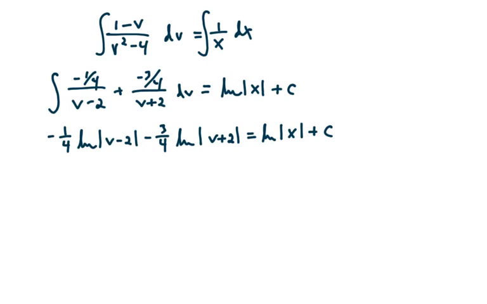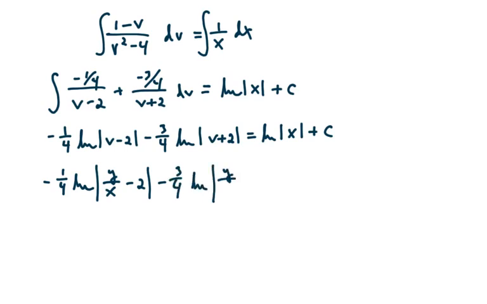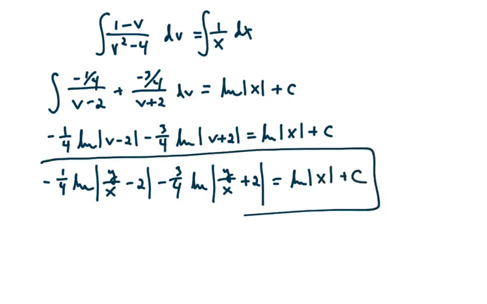And that is going to give us negative 1/4 times the natural log of y over x minus 2, minus 3/4 times the natural log of y over x plus 2, equals the natural log of x plus c. And this equation solves the differential equation at hand.